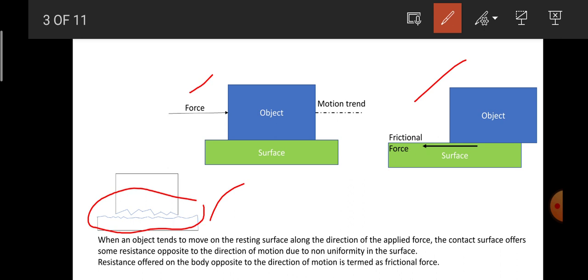That resistance, created due to the non-uniformity of the surface along the direction opposite to the motion trend, is called frictional force. Frictional force is the resistance offered on the body opposite to the direction of the motion.